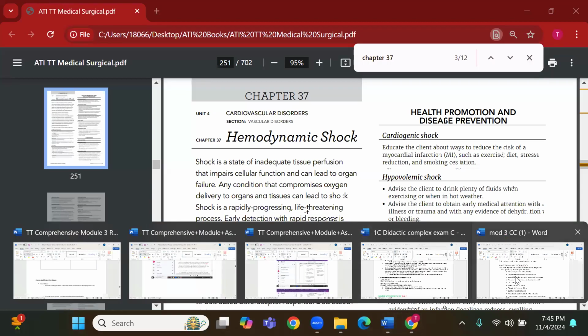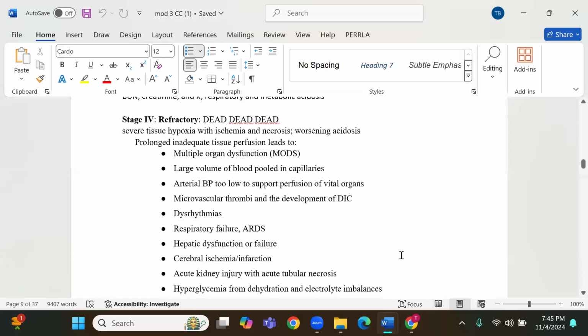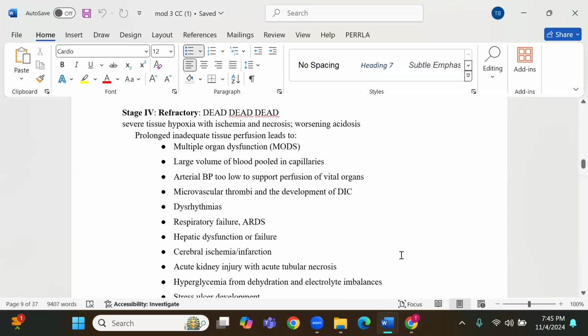So let's look. If we were to look at the refractory period of shock, stage 4, you get multiple organ dysfunction, which means 2 or more organs are not working, which is usually the lungs and the kidneys. And if one was the kidneys, you would definitely see no urine or very, very low urine output, right? We would also see arterial blood pressure too low because you've massively vasodilated.